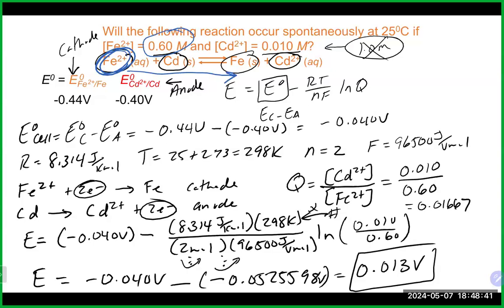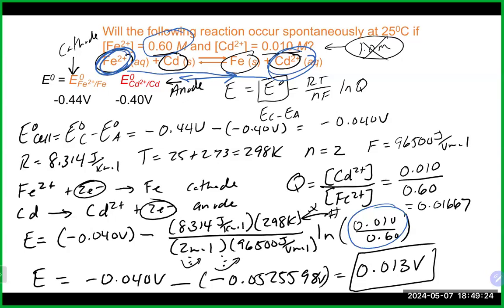By the way, if you did this exact same calculation and you switched the concentrations, and you made cadmium 0.6 and iron 0.01 and kept everything else the same, would it become spontaneous in that case? It would not, because this would then be the higher concentration, which means it would want to move that way, and you would actually get a negative value. Just to show you, you basically just flip these two around. You would take 0.6 divided by 0.01, take the natural log of it, and everything else stays the same: 8.314 times 298, divided by 2, divided by 96,500.